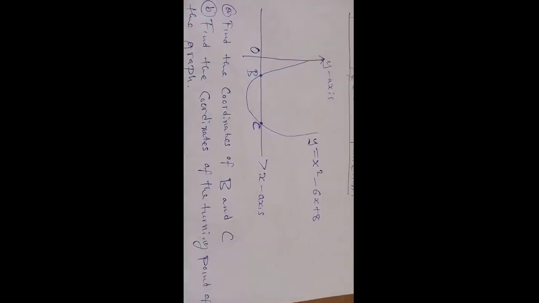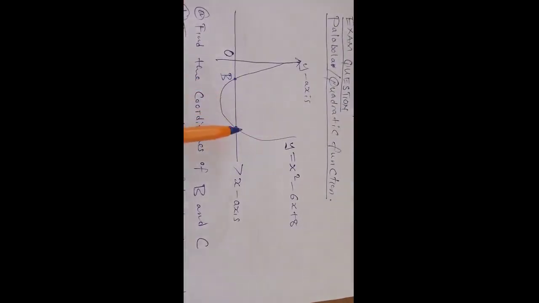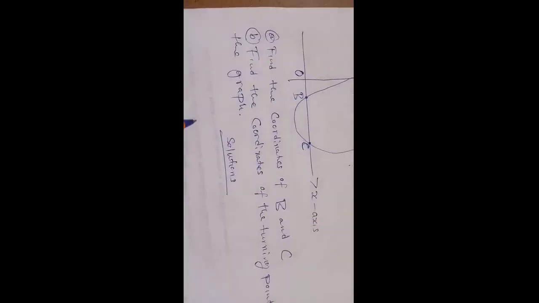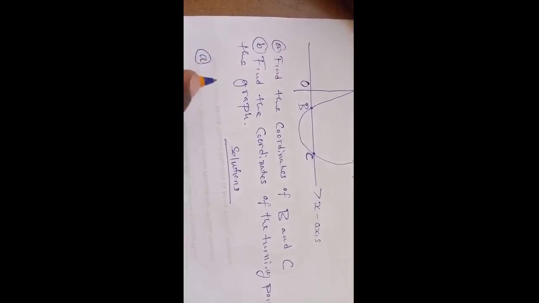So let's solve this together. So if you look at this graph, it was sketched using this equation here. We are trying to solve A, so we'll start with solving A. From what we learned in the previous videos, and if you didn't watch them, kindly go back so that we'll be able to move together.